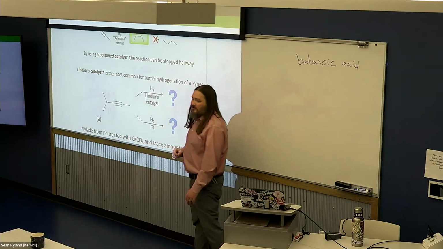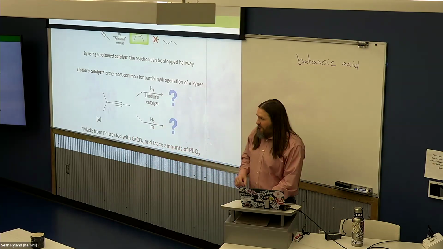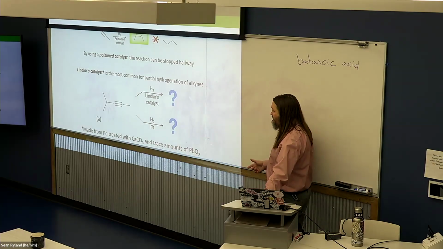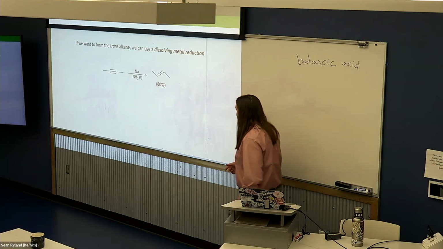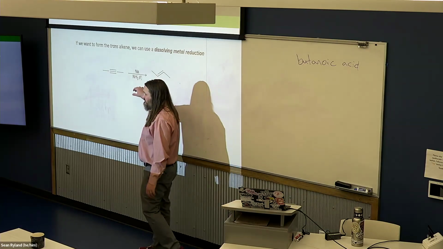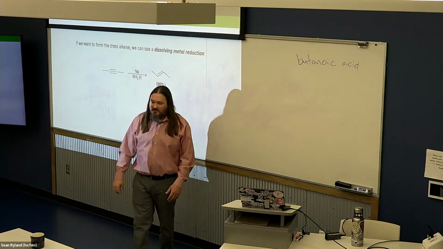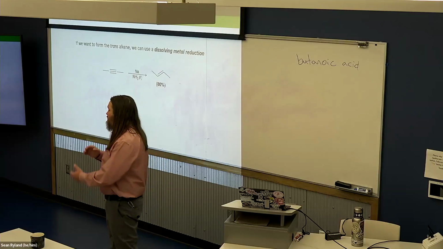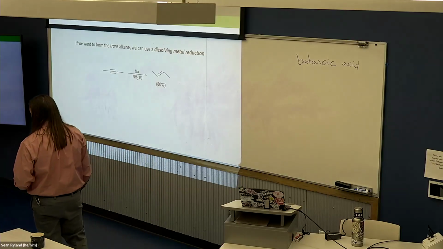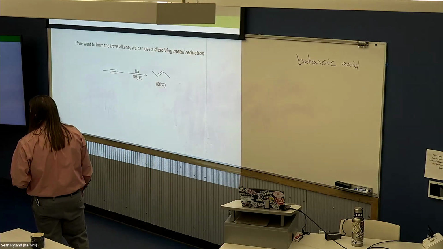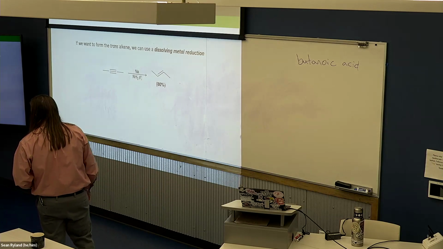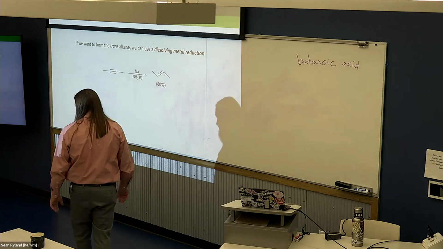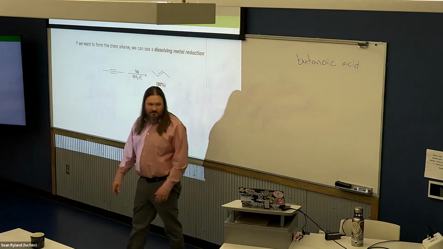If we do a partial hydrogenation and we want the trans product instead, we have to do that nasty dissolving metal reduction. Pt gives us this. Yeah, correct. Pt gives you complete hydrogenation, single bonds, so you go all the way. Lindlar's gives us this, correct.